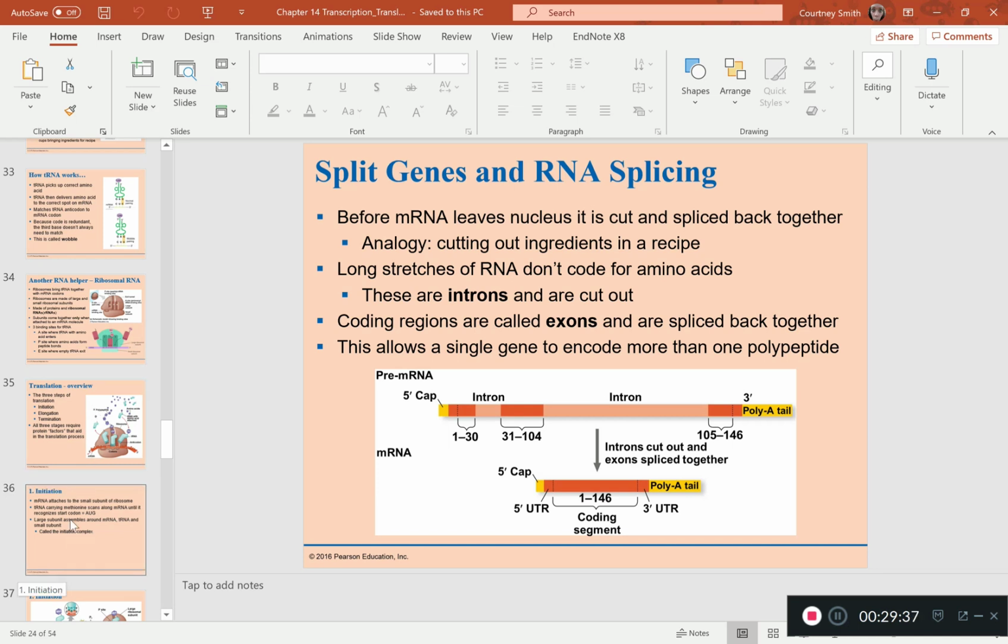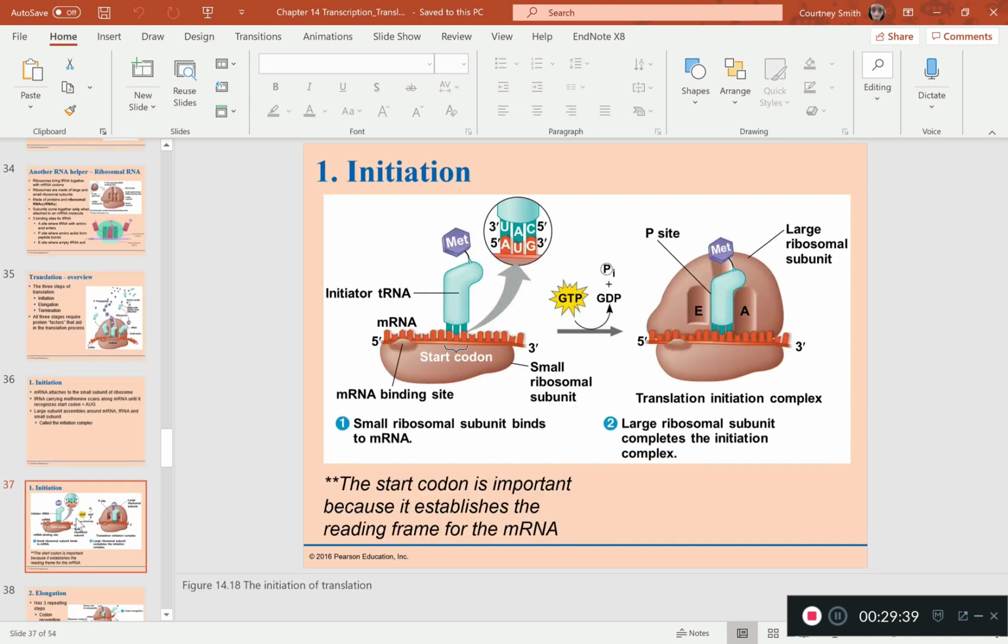The first process is initiation of translation. This is where mRNA, which is what we exported out of the nucleus, is used. The small subunit of the ribosome will attach to the mRNA, and then once that small subunit is attached, the larger subunit of the ribosome will come in and also attach, creating a complex.